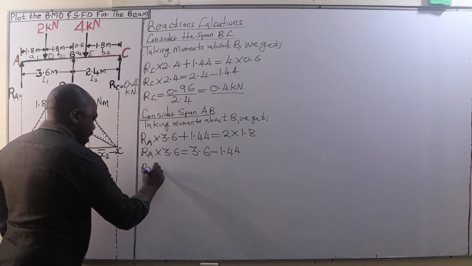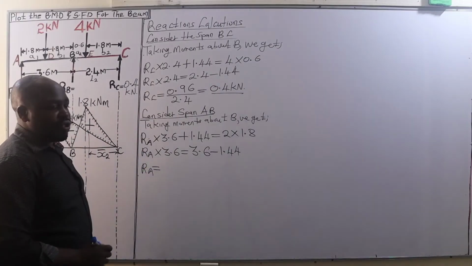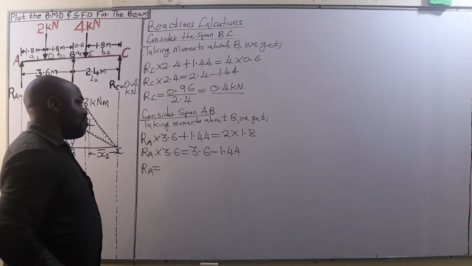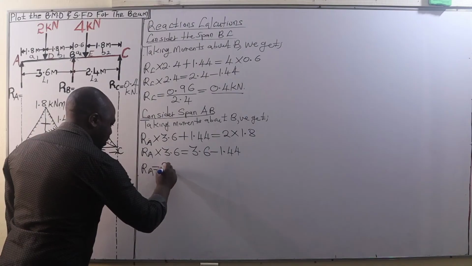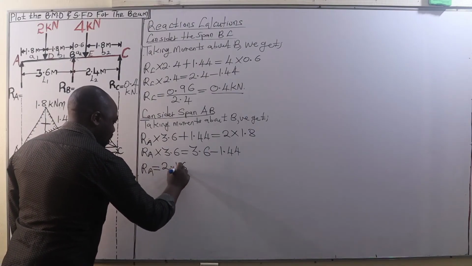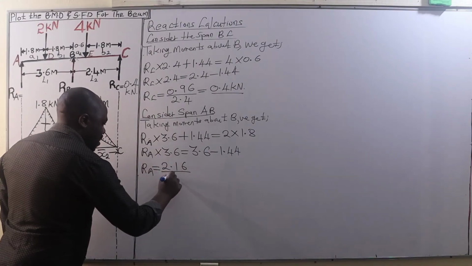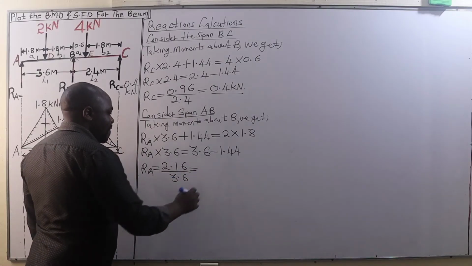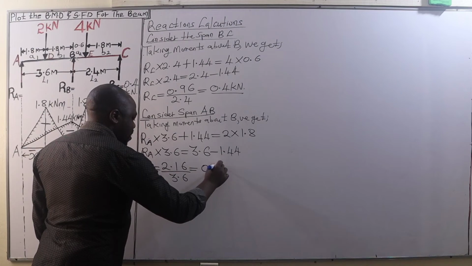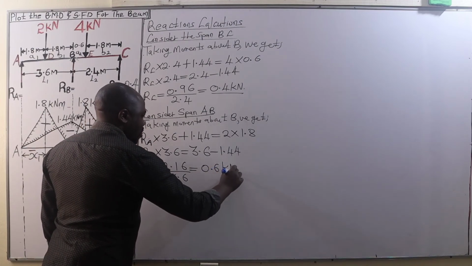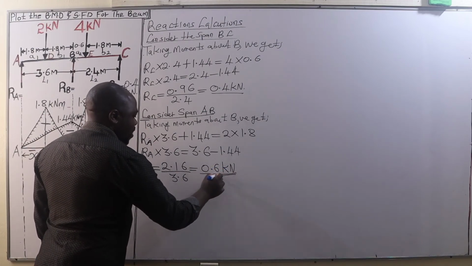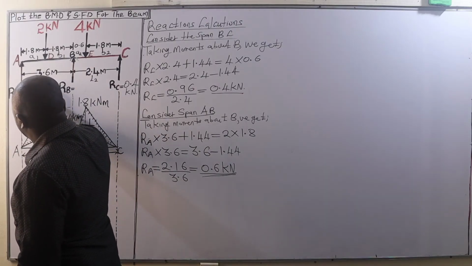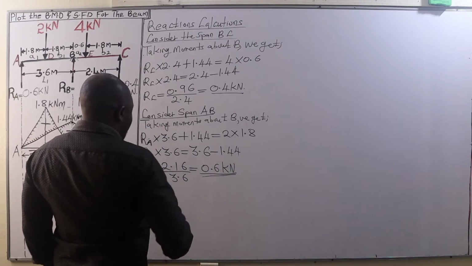Therefore, RA is going to be equal to 3.6 minus 1.44, that is 2.16. We divide that by 3.6, and that is going to give us a reaction of 0.6 kilonewtons. Therefore, the reaction at A is 0.6 kilonewtons.